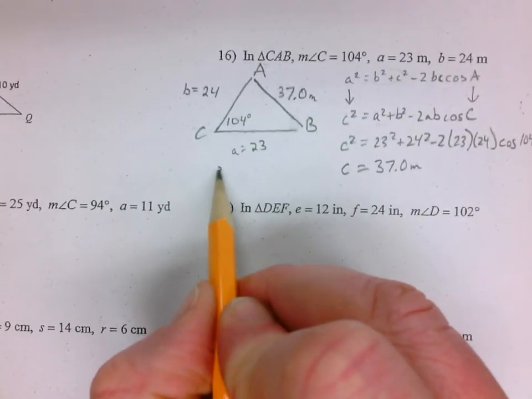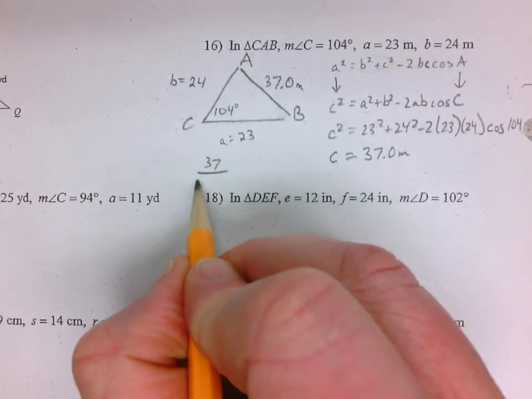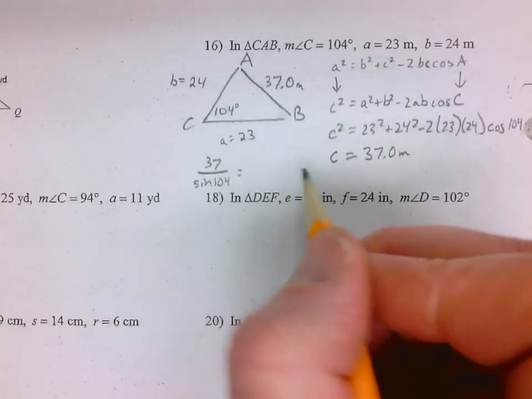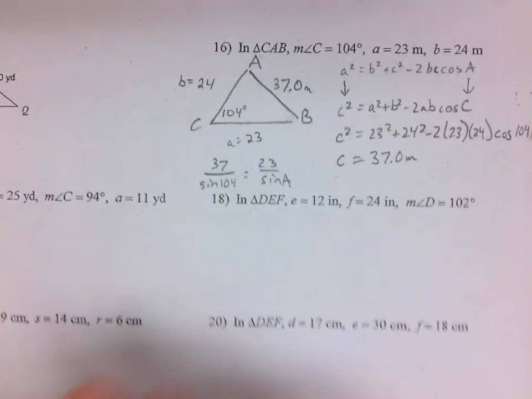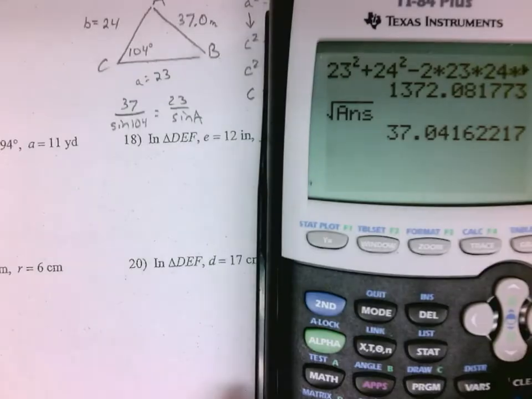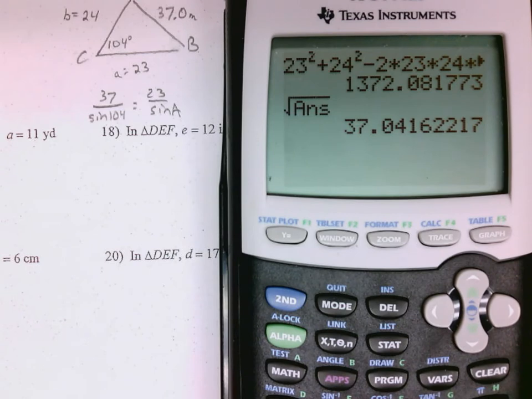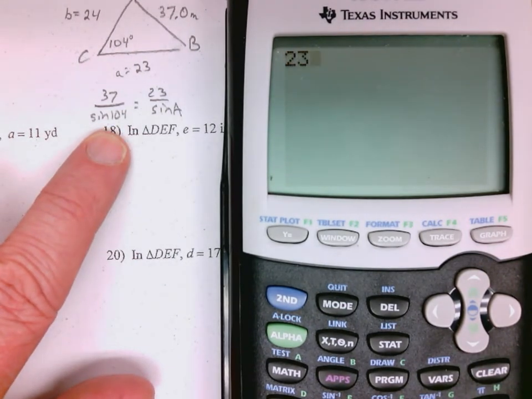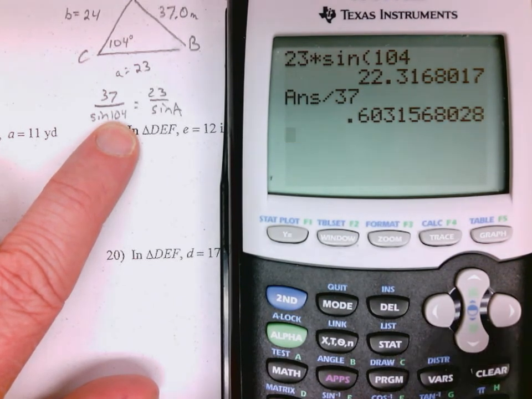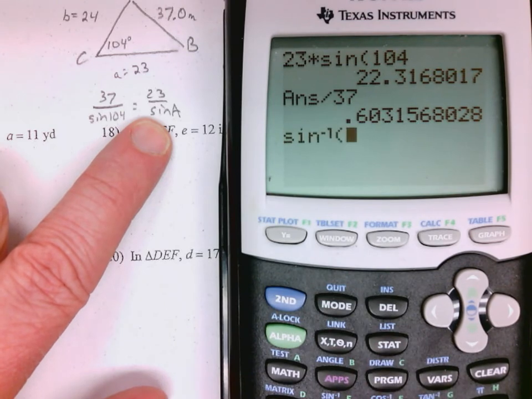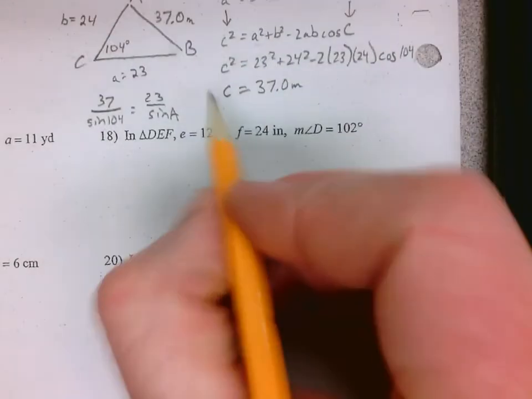So 37 over the sine of 104 equals 23 over the sine of A, and now I can find angle A. You can do cosine rule again, but I have 23 times the sine of 104 divided by 37, and that's my decimal value. I need to do second sine because I'm finding the angle. So 37.1 degrees. So A is 37.1.